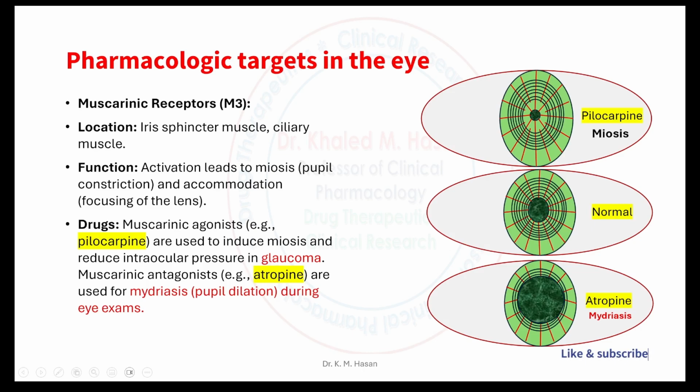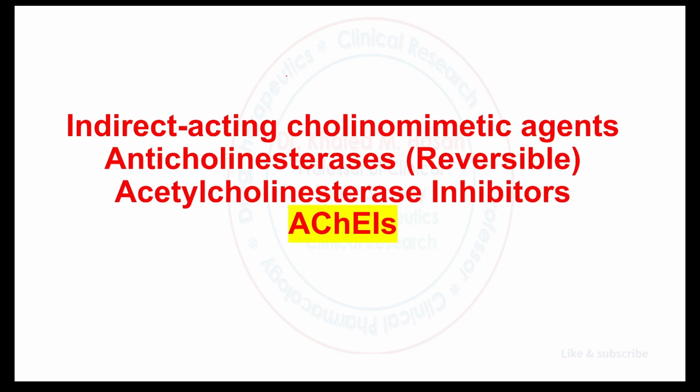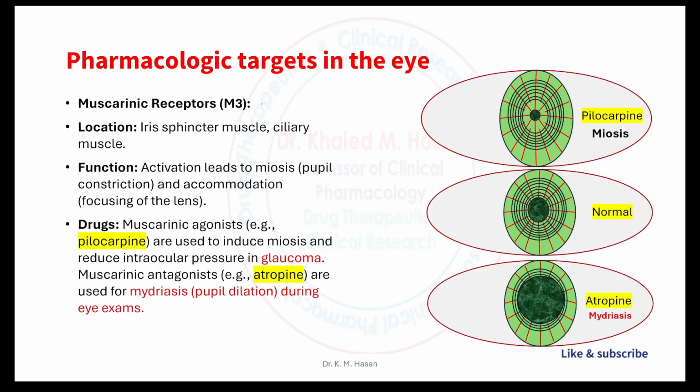Speaking about the pharmacological effect of the cholinergic agonist, or the muscarinic effect on the eye, as you can see in this slide, we have the muscarinic M3 receptor in the eye, available in the iris sphincter muscles and ciliary muscles.